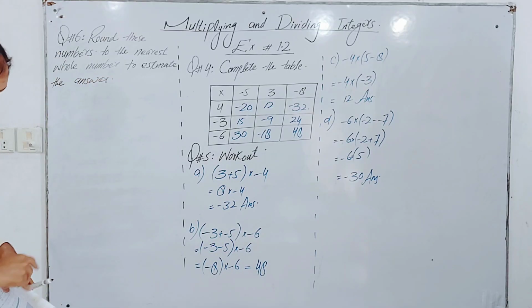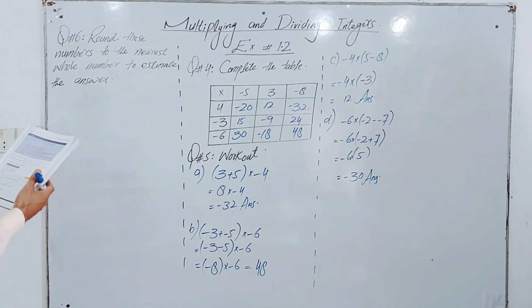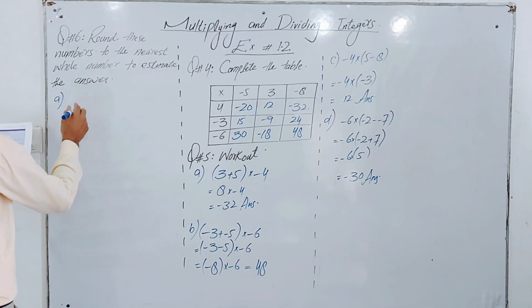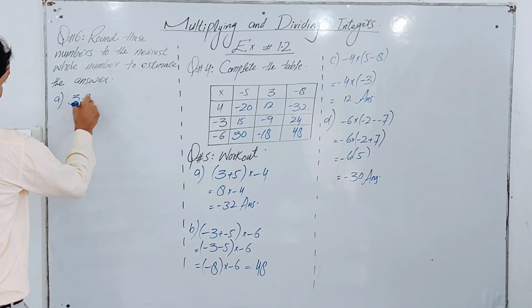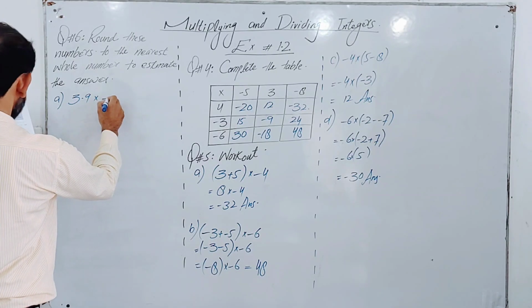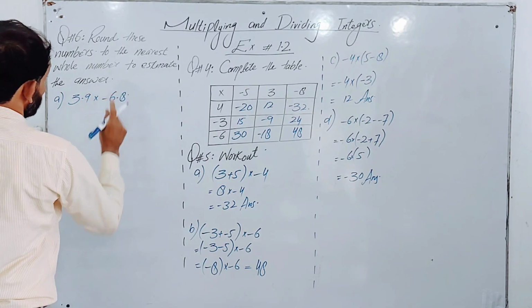First part is 3.9 multiplied by minus 6.8.